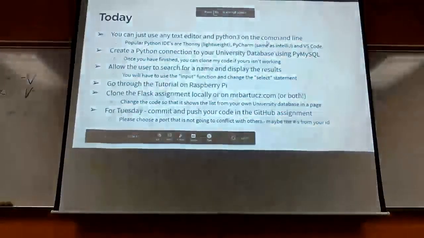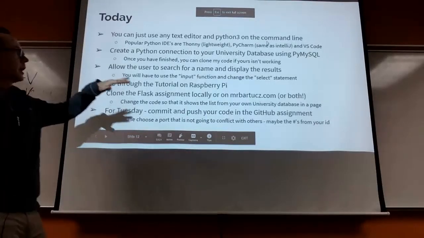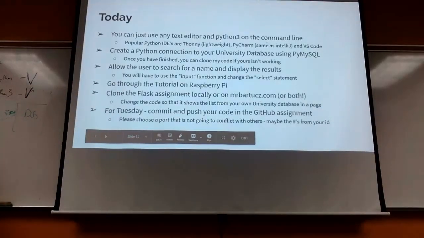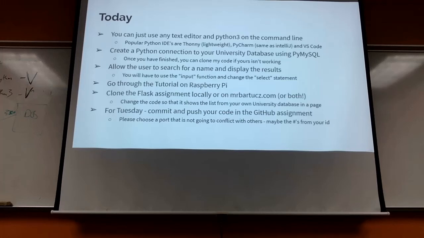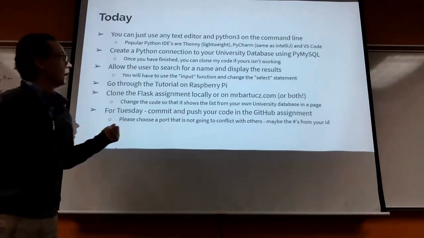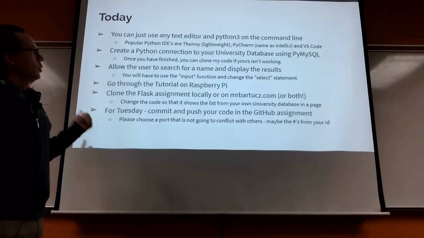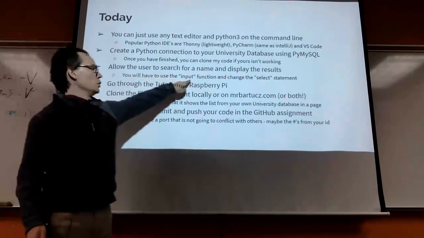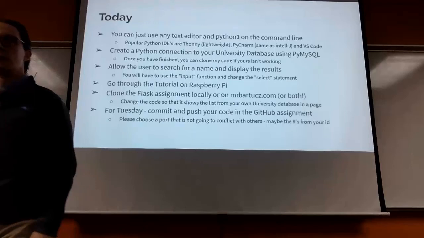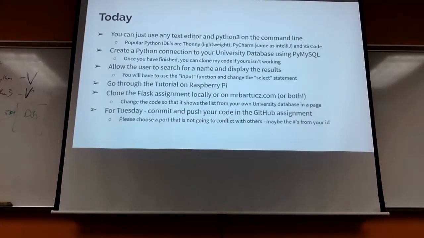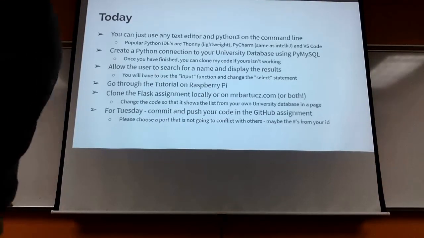All right. So you're going to create a Python connection to the university database. So that's what I showed you first in Thonny. What I would like you to try to do is use the input function. Say, what student are you looking for?